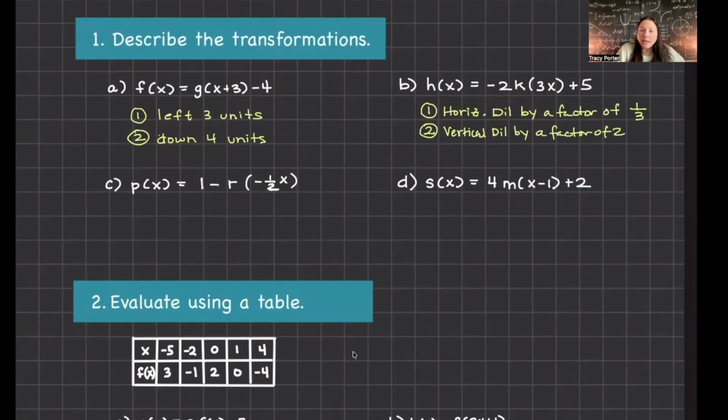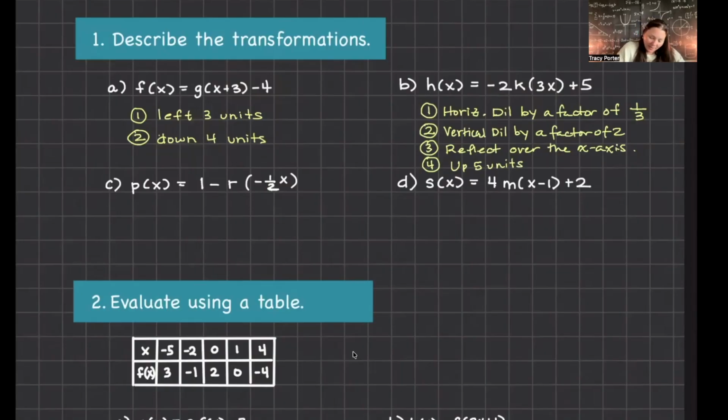And then you would say the negative is going to be a reflection across the horizontal axis, or across the x-axis. So we can say this is going to reflect over the x-axis. And then finally, that +5 on the end, it's going to go up 5 units. So we'll just say up 5 units.